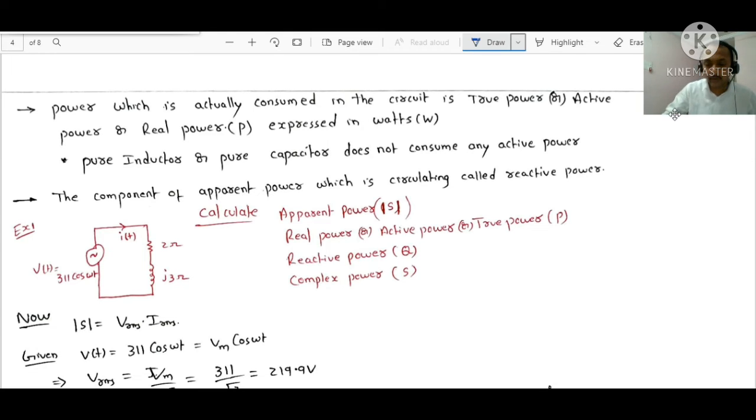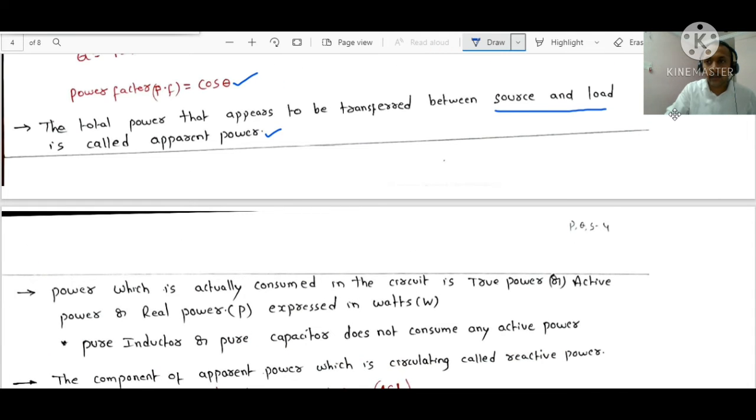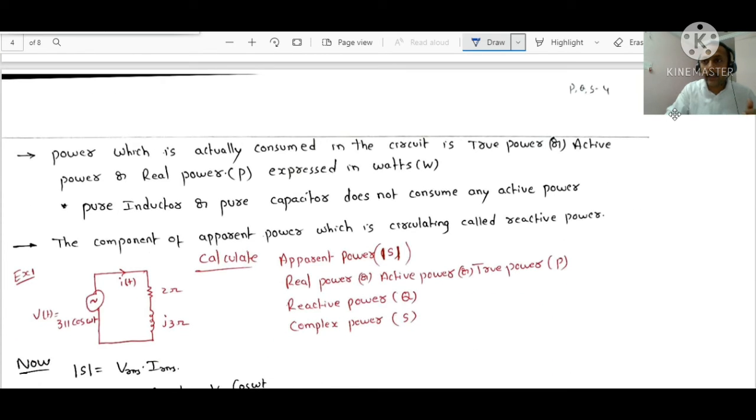Please remember these two keywords. Apparent power appears to be transferred. Out of that, what is actually consumed represents the true power.